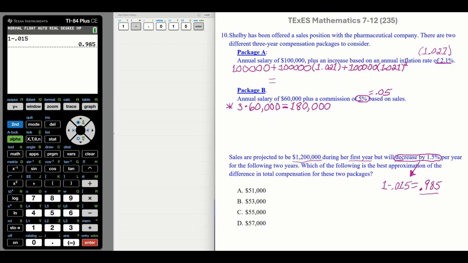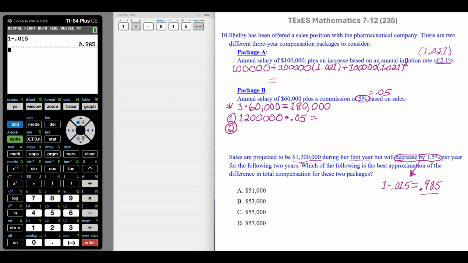Okay? So we have year 1 being 1 million, and we have 100, 1, 2, 3. Okay, yes. Now that is just in the first year, that's just times your 5%. Okay? Calculate that in a minute. That's year 1.